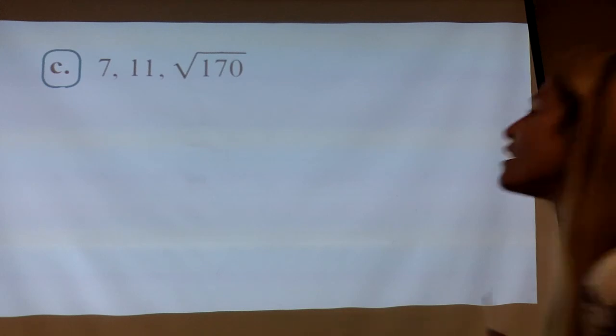I'm trying to figure out which side is the smallest one. The square root of 170 is going to be 13.0384041. So I can't even use this, and the reason why I can't use this is because all of the side lengths need to be whole numbers.